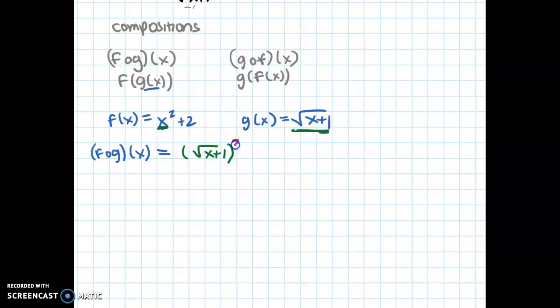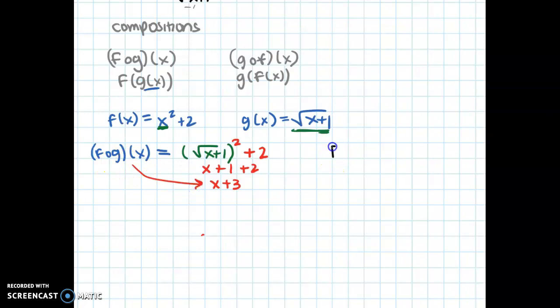And then the rest of it is staying the same. So that's going to become squared and then plus 2. Conveniently, when I square the square root, the square and the square root cancel each other out, and I have x plus 1 plus 2, which is x plus 3. And this would be f of g of x, which is pretty simple to evaluate.